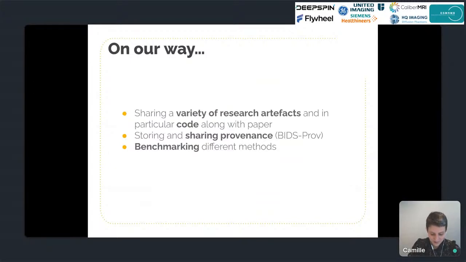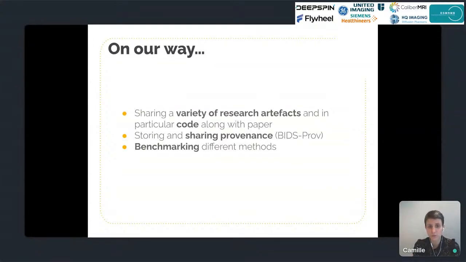So on our way to better understand what's going on, I just wanted to finish by sharing different aspects that we can start focusing on today. The first one is to share a variety of research artifacts, and in particular code along with papers. I think you're probably all aware here that sharing just a research paper is the minimal research artifact.